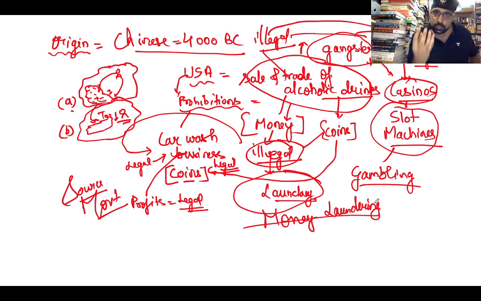So, what is the underlying idea that we are trying to understand? In money laundering, the objective is always very clear. The objective is that you identify mechanisms through which you will channelize this money.